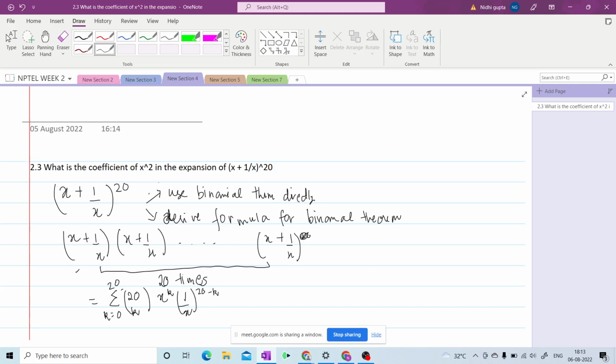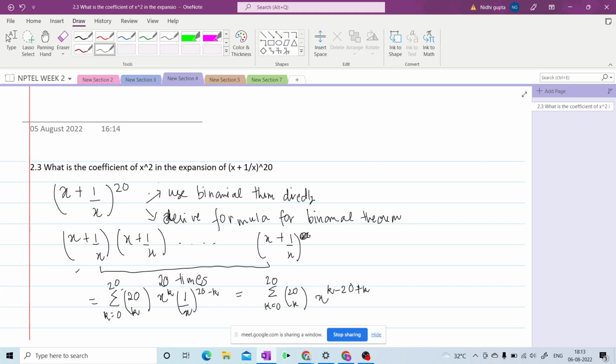So does everyone get how we are getting this expression? Understood. Okay. Now we solve it a little more. It is 20 choose k, and this will be x raised to the power k minus 20 plus k.